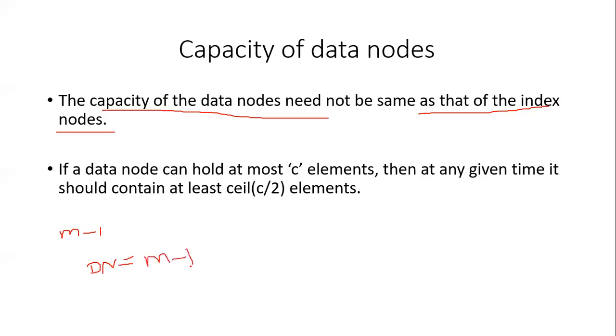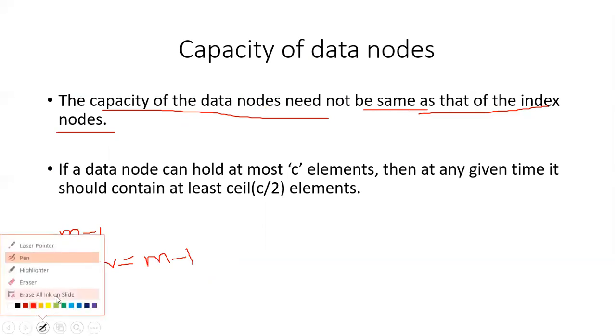It can be greater than that, or it may be m minus 1 also. If it is m minus 1, there is no issue, but there is no compulsion that it should be m minus 1. Please make a mark of this.